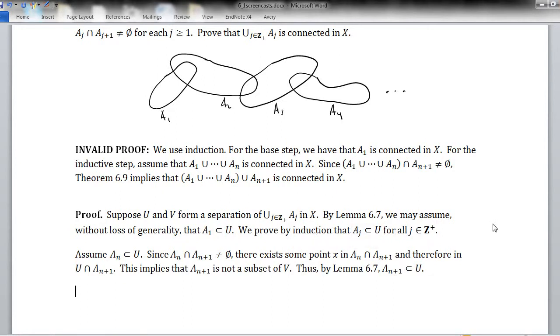So my conclusion then is that every A sub j is in U, and therefore the union of the A sub j's is in U. Okay, we conclude that the union of the entire sequence of A sub j's is a subset of U, right? And if that's the case, then what do we know about V, right?